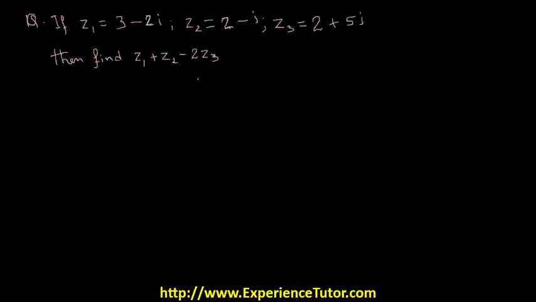Now we have a question. If z1 is equal to 3 minus 2i, z2 is equal to 2 minus i, z3 is equal to 2 plus 5i, find z1 plus z2 minus 2 z3.